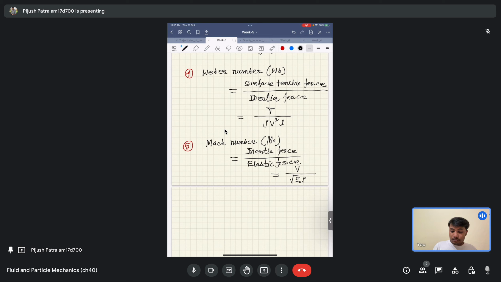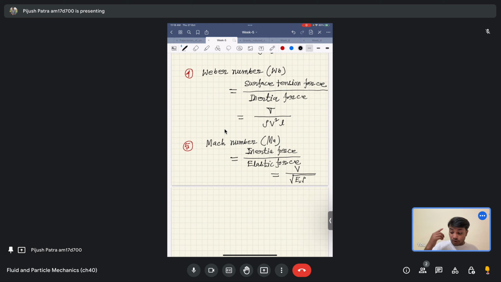So there might be different non-dimensional numbers, ratios of two different forces associated with the problems. It is not a big thing.